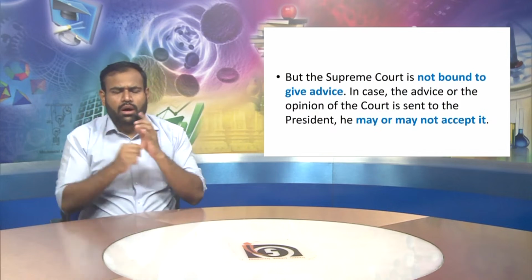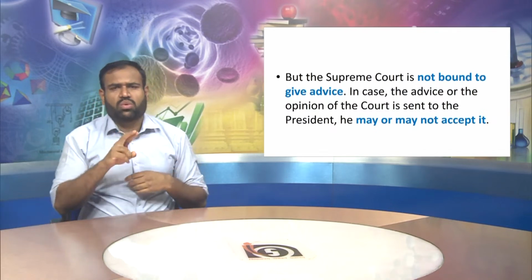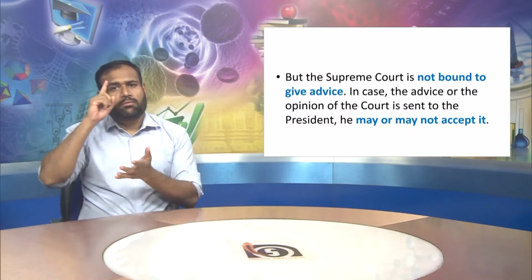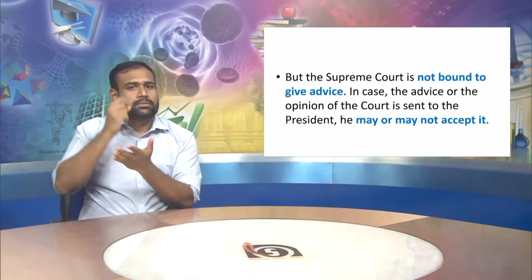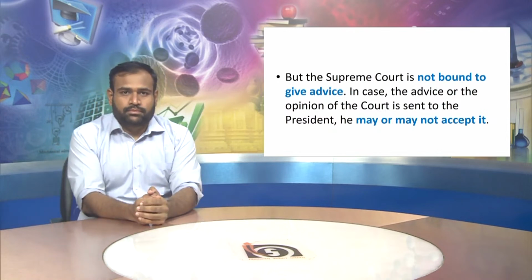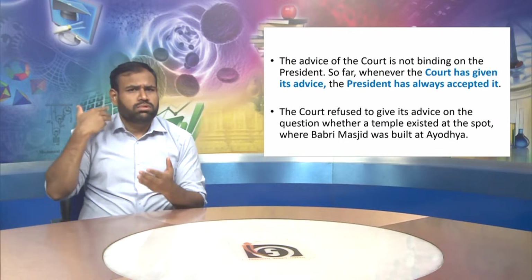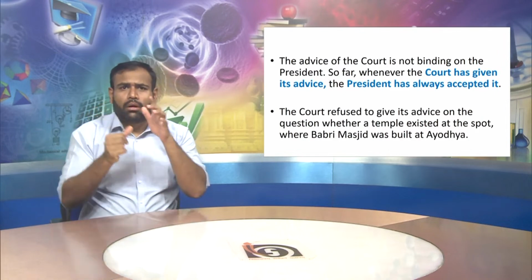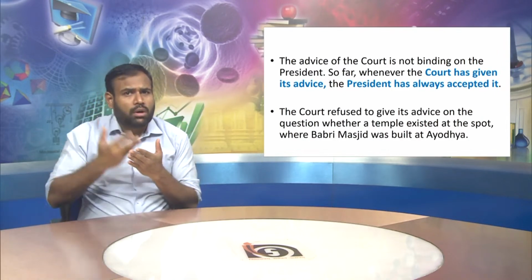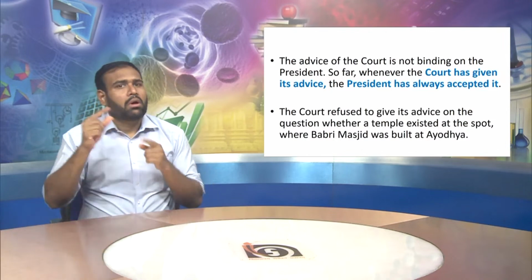In case the advice or the opinion of the Supreme Court is sent to the President, he may or may not accept it. The advice of the court is not binding on the President.